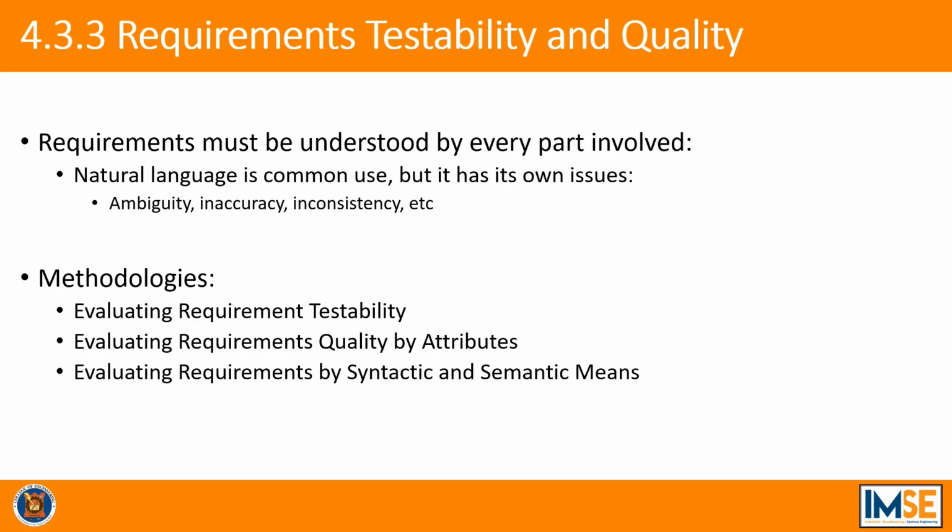That's why it is crucial for the VBT team to carefully validate all system requirements for both testability and quality through methodologies like the following three: evaluating requirements testability, evaluating requirements quality by attributes, and evaluating requirements by syntactic and semantic means.